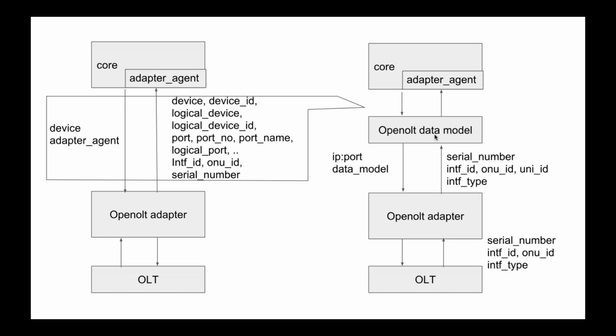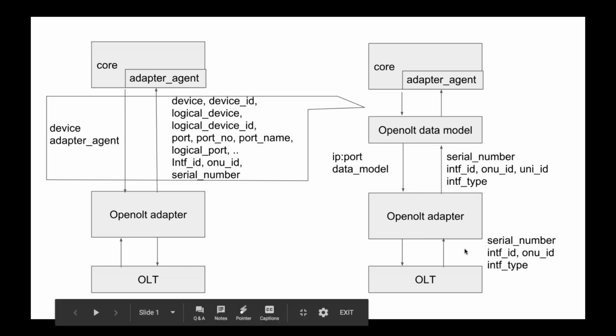But between the OpenOLT data model and the kernel, and the adapter, now the adapter is being split into these two pieces. This interface looks very similar in terms of how it addresses objects to the southbound.